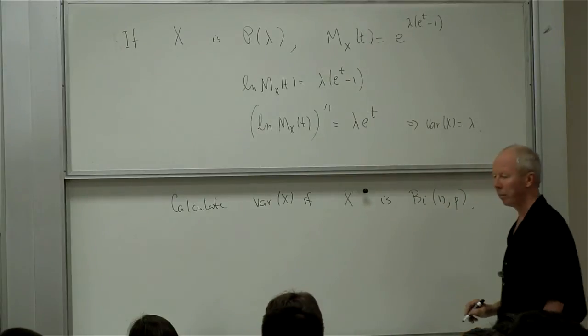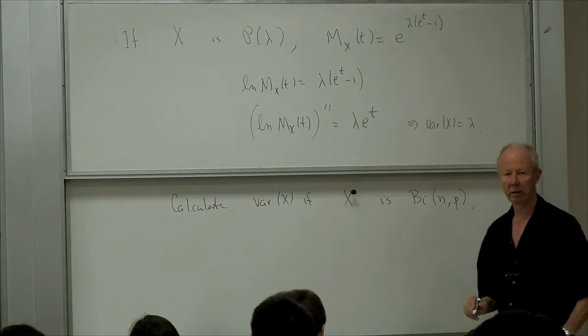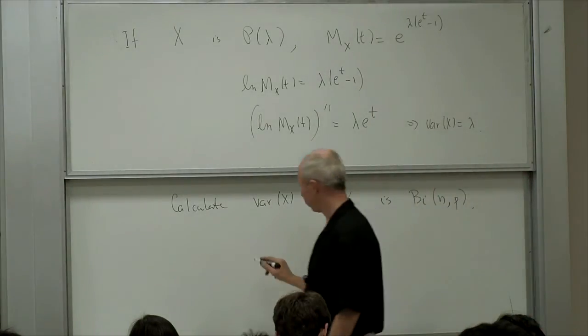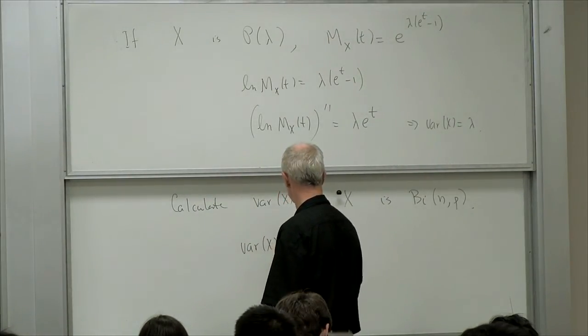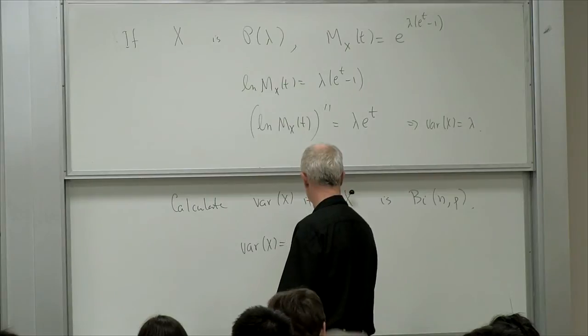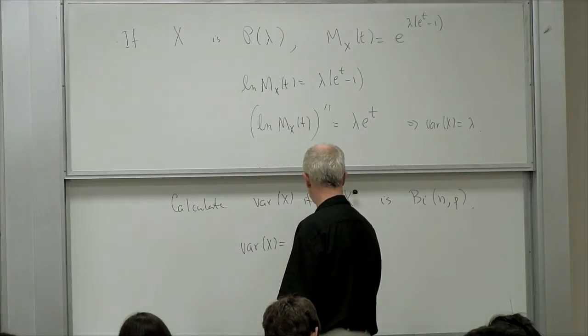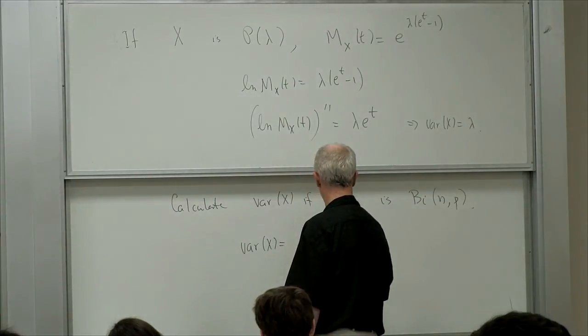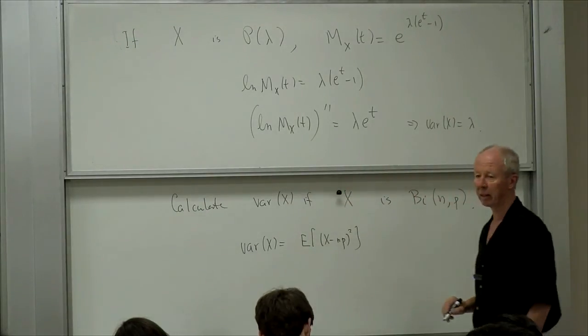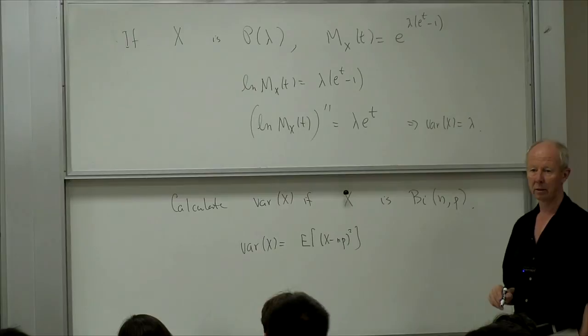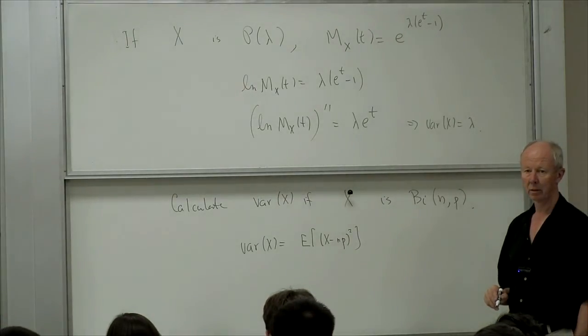What if X is binomial with parameters n and p? Let's calculate the variance of that. Well, we know the expected value of a binomial with parameters n and p is n times p. How do we know that?